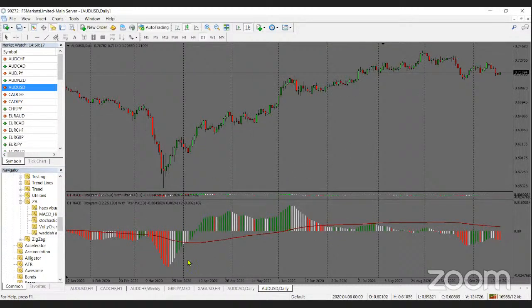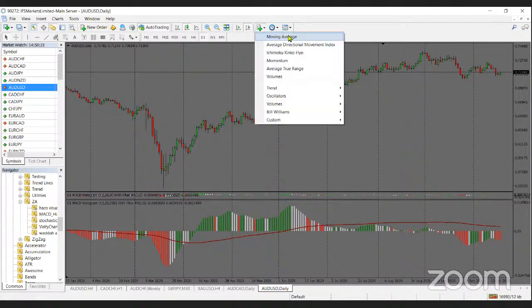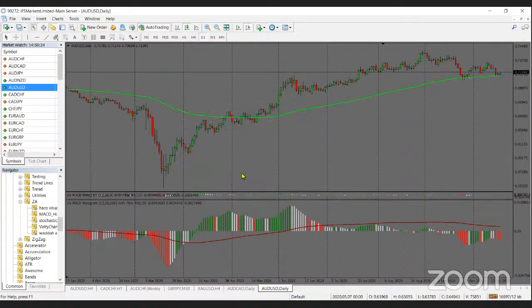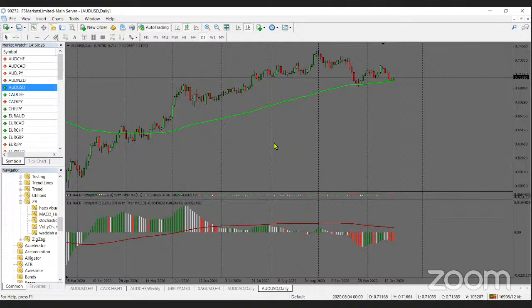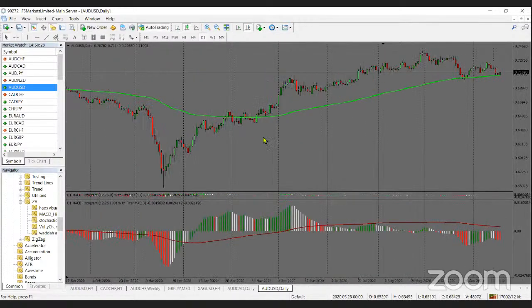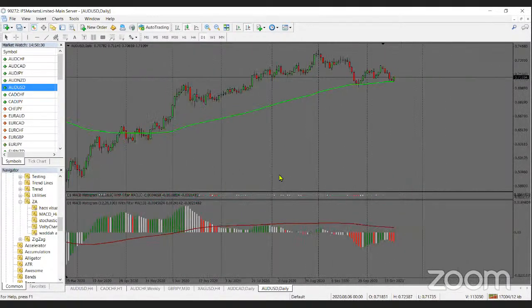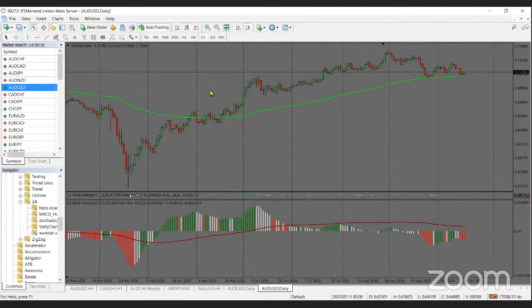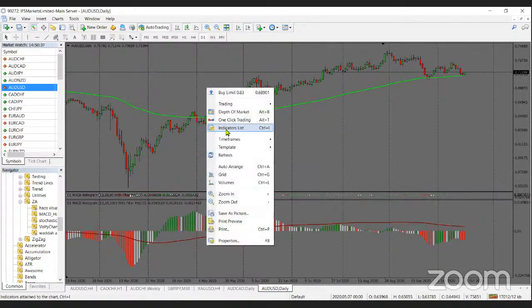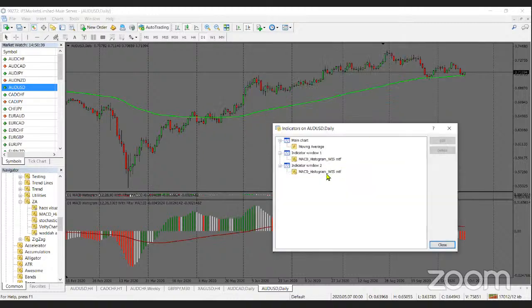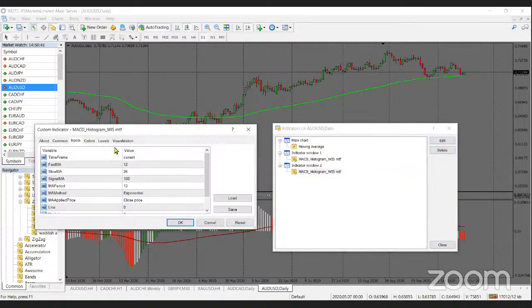Once I change it, you can see it really smooths out. And if you plot a moving average of 100, you can see it's really similar. That's the reason why I decided to get rid of it. To me, I can have the same moving average on screen and it serves the same function. So let me get rid of that. This is just what I wanted to show you.